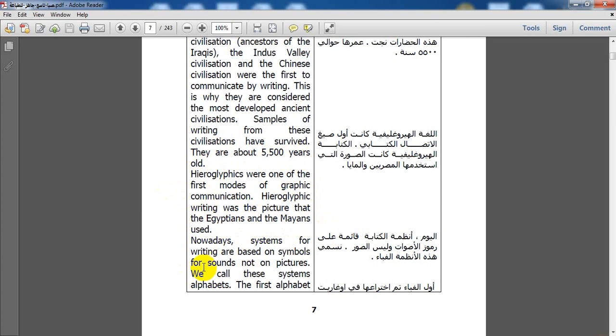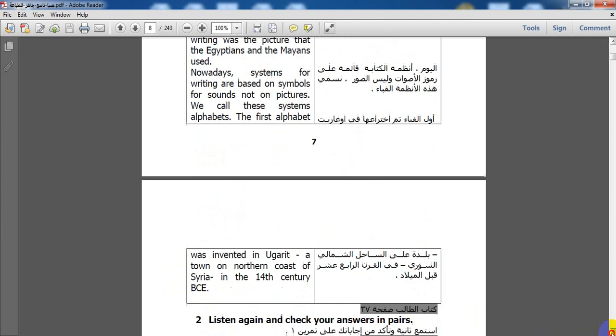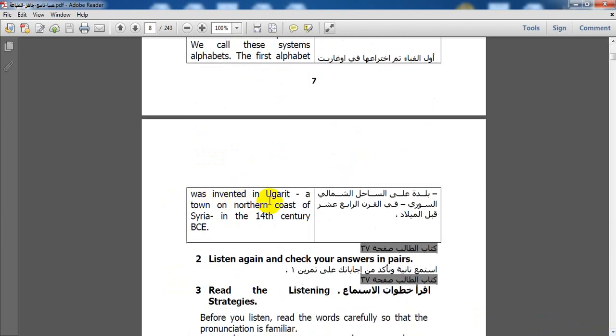Nowadays, systems for writing are based on symbols for sounds, not on pictures. We call these systems alphabets. The first alphabet was invented in Ugarit, a town on the northern coast of Syria, in the 14th century BC.